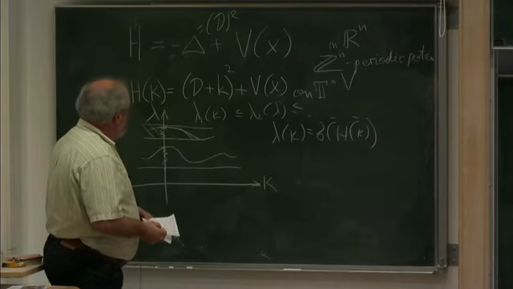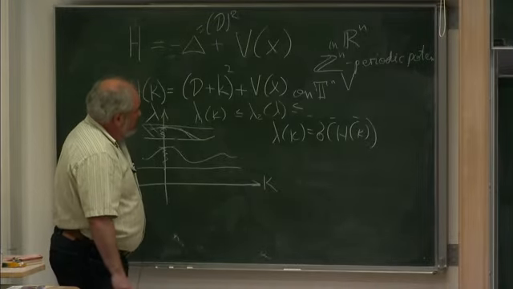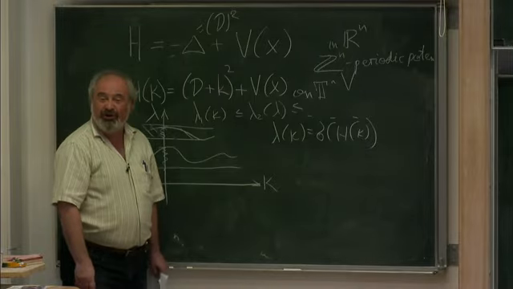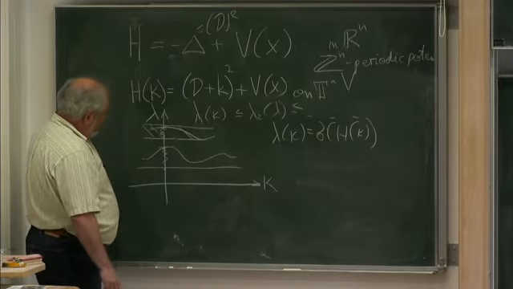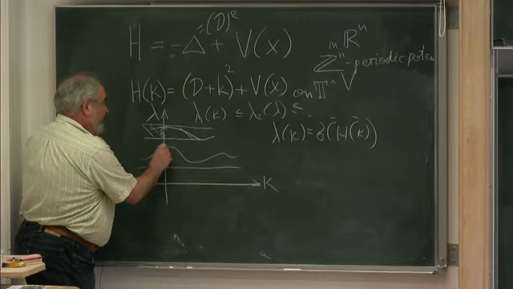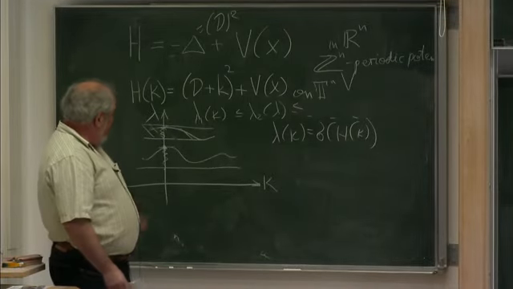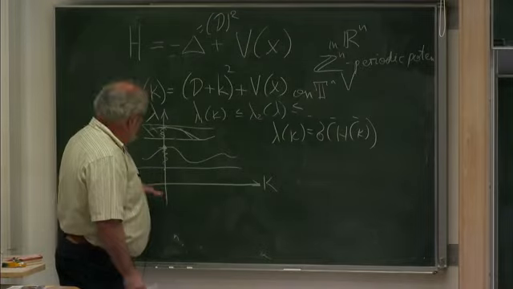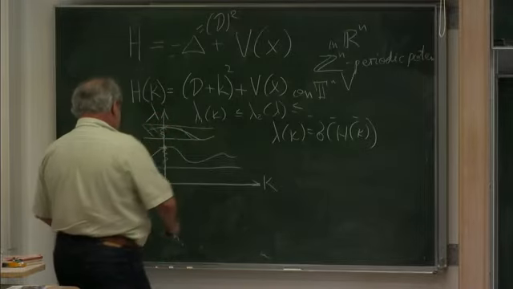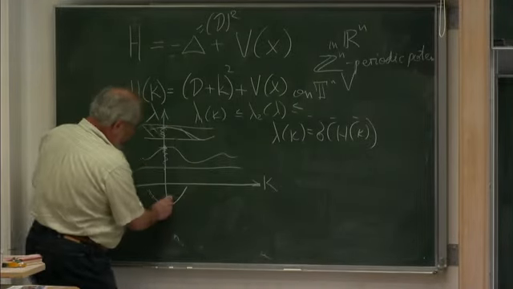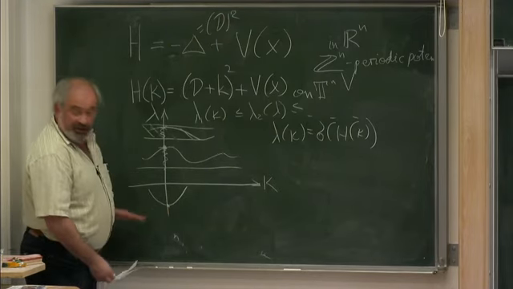So what I will be talking about is concerning what Birman and Suslina called threshold effects, namely various effects that depend only upon behavior of the dispersion relation at the band edge. In the simplest case, and much better studied, at the bottom of the spectrum. For instance, for such an operator, the bottom of the spectrum will always look parabolic. And this is a result by Kirsch and Simon.